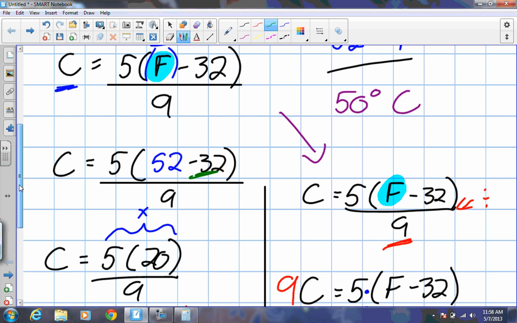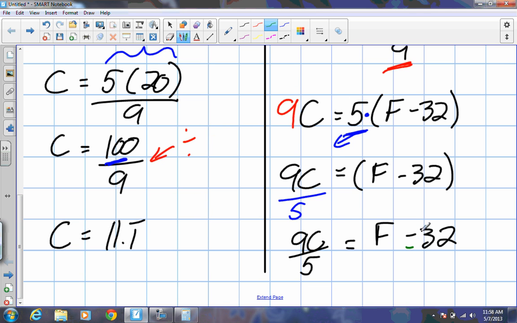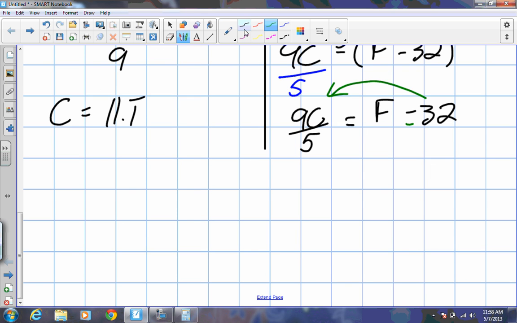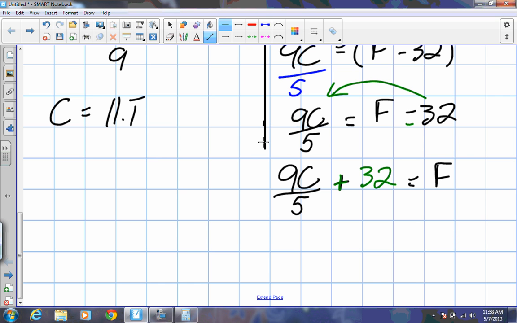So because it's subtraction, when we move it to the other side, we need to create an addition. So this will now read F is equal to 9C divided by 5 plus, do it in green, 32. Okay? So we reversed our process there.